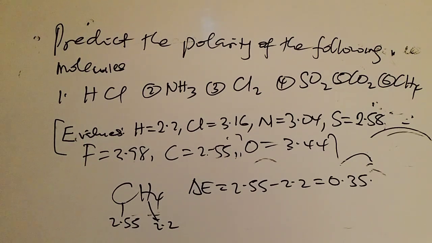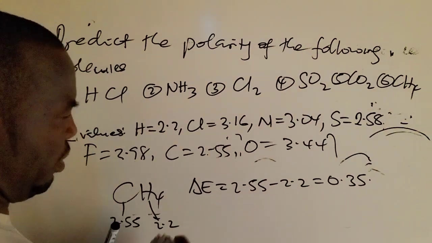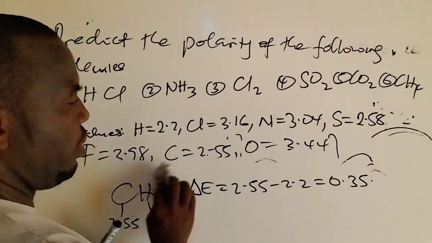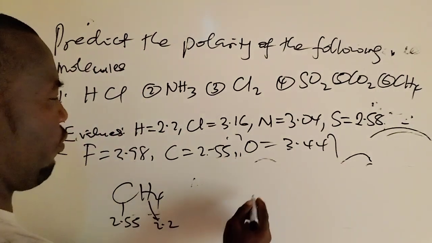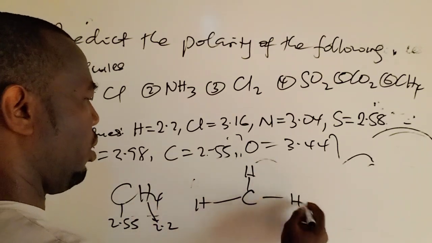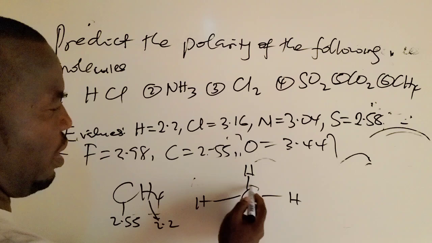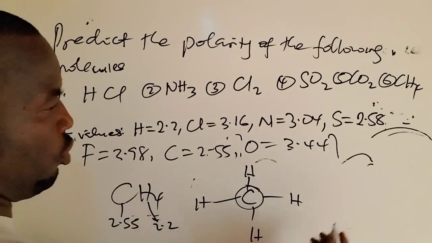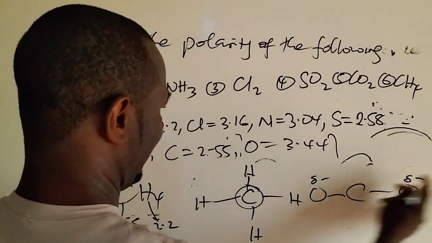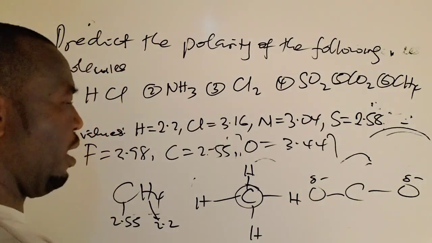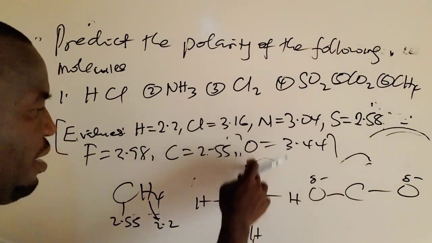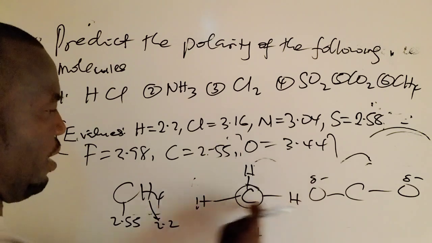Even if we look at the shape of methane, we are done bonding. If you go to the shape of methane, you see that methane has a tetrahedral shape, whereby the central atom has no lone pair, just like in CO2. And opposite the central atom, either from this side or this side, have the same atoms opposing themselves.